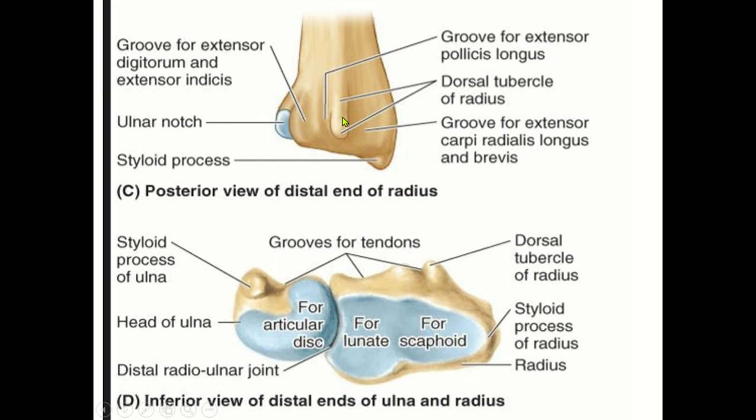The tubercle is known as the dorsal tubercle of radius, and this groove is present for the extensor carpi radialis longus and extensor carpi radialis brevis muscle, and this is the styloid process of radius bone. So we see that this is the inferior view of the distal end of ulna and radius. This is for articular disc, for lunate, which is a carpal bone, for scaphoid, this is also a carpal bone.